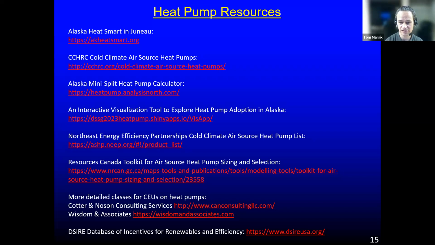There's a large variation. This is actually a great tool here, the Northeast Energy Efficiency Partnerships Cold Climate Air Source Heat Pump list, which has a number of cold climate heat pumps on it, and that includes both ducted systems as well as ductless systems. And it has various data for those heat pumps.